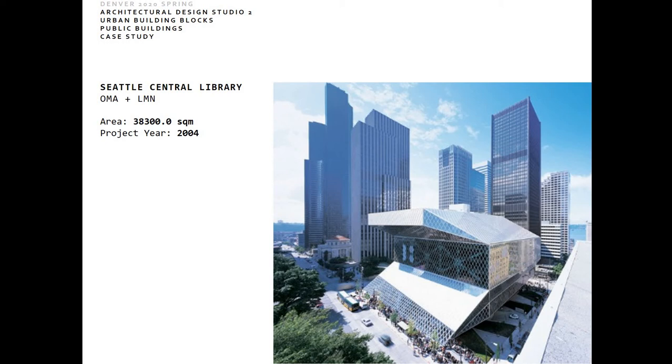The Seattle Central Library defines the library as an institution no longer exclusively dedicated to the book, but as an information store where all potent forms of media, new and old, are presented equally and legibly.